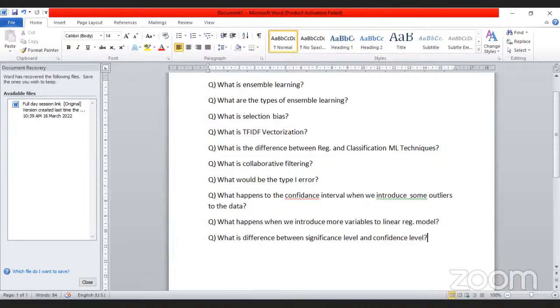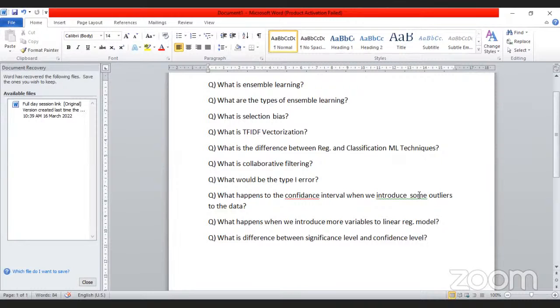So if we have a 95% confidence level, then 5% will be our significance level. Getting it? Is it clear? Is it clear now what the significance level is and what the confidence level is? What is the difference between them?